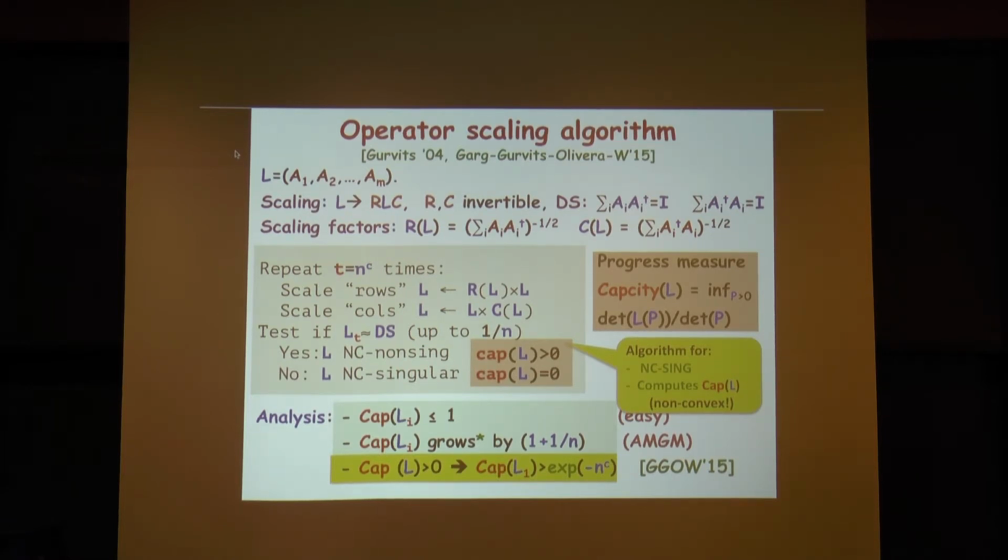However, if you move to exponential variables, so you write the variables x_i as e to the y_i, then it becomes an instance of geometric programming. However, this cannot be done here. Something else could be done here, maybe I'll talk about it later. A change of variables that will make this capacity convex can be done in the matrix scaling case.